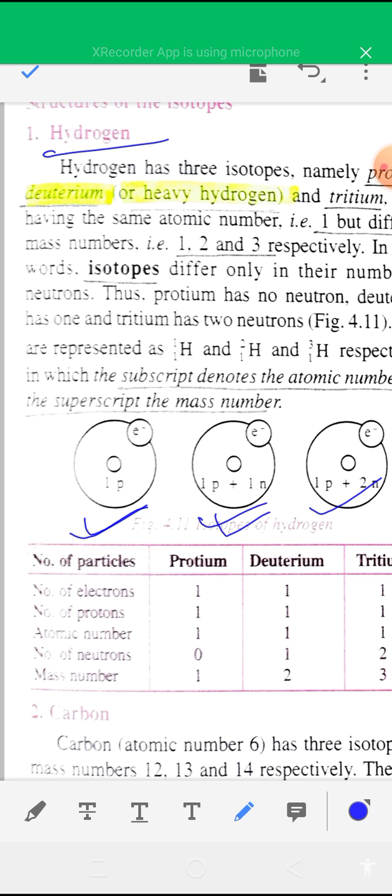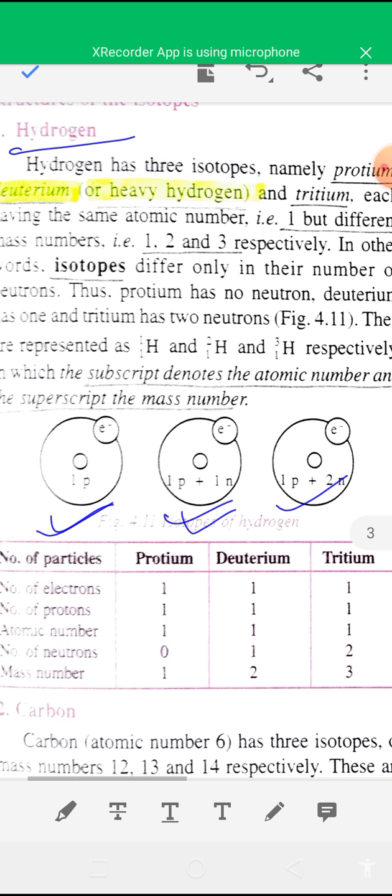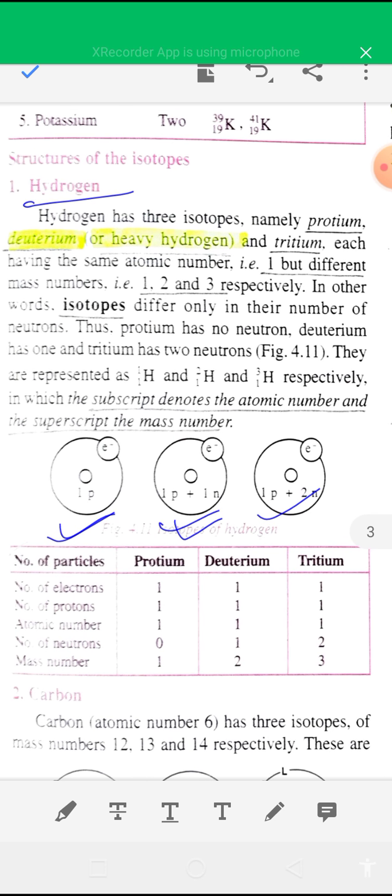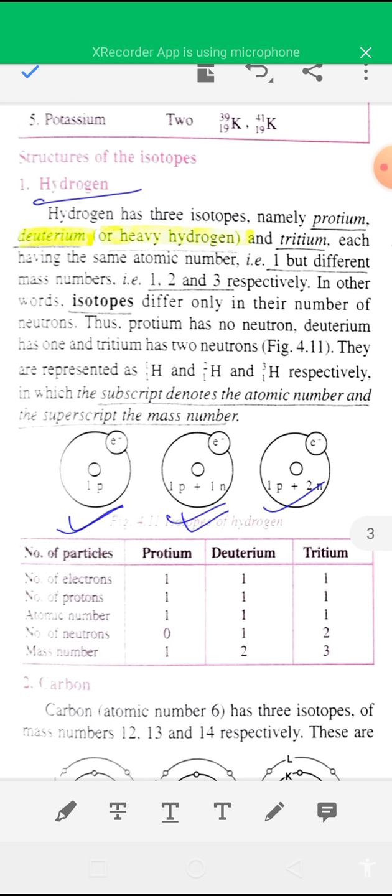That is 1H2. 1H1 means protium, 1H2 means deuterium, which has one proton, one neutron and one electron, and tritium has one proton, two neutrons and one electron. Only protium does not have any neutron. All the other atoms have some neutrons.